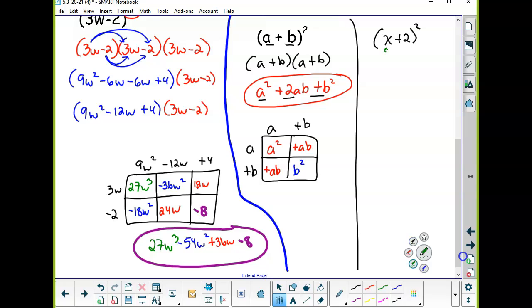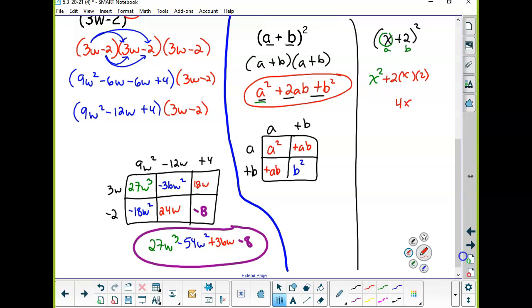Okay, so let me show it to you. Here's A, here's B. According to what we did generically here, I have to take A and square it. So I have to take the x value and square it. That's the first part. And then I have to do 2 times A times B, which I would do in my head, right? 2 times x times 2.